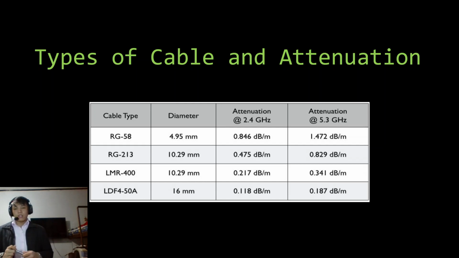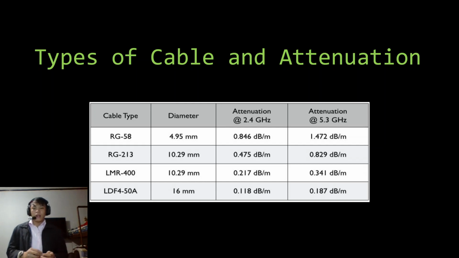The next one is the RG213 type of cable. Its diameter is 10.29 millimeters, and its attenuation at 2.4 gigahertz is 0.475 decibels per meter, and its attenuation at 5.3 gigahertz is 0.829 decibels per meter.